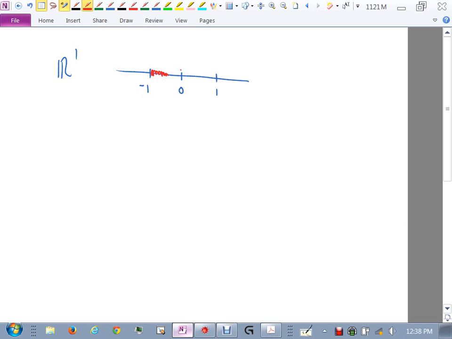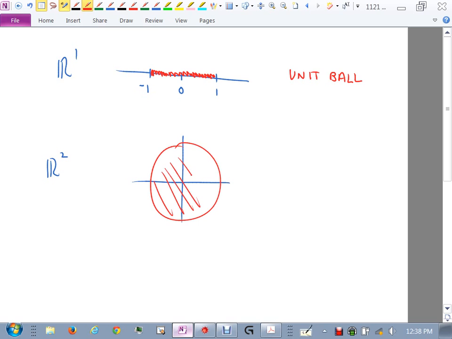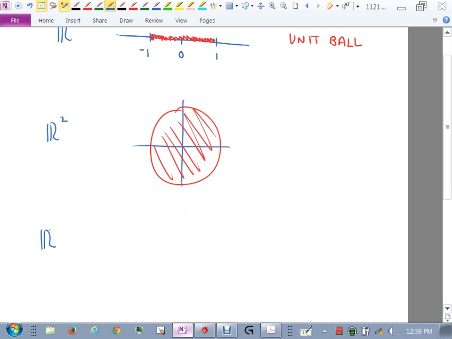It would be this segment of the number line. That's what the unit ball is in R1. What's the unit ball in R2? All points distance 0 to 1 in 2-dimensional space. This disk. In 3-dimensional space, the unit ball is what? More like what we think, a ball, right? It's that solid ball, radius 1.